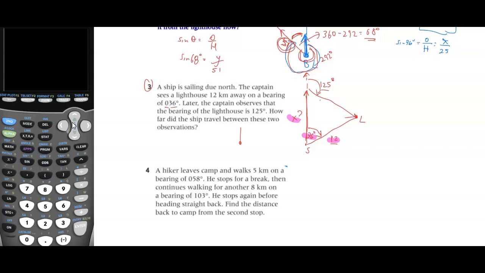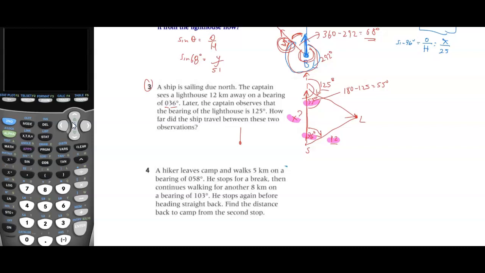Could we figure out another angle from this being 125 degrees? Of course we can, because these two angles here, 125 and this unknown angle, add up to 180, right? So I could find this angle here by subtracting from 180. That would be 55 degrees. So this angle here is 55 degrees. Now that we know this angle also, I think that we might be able to use sine rule, right?